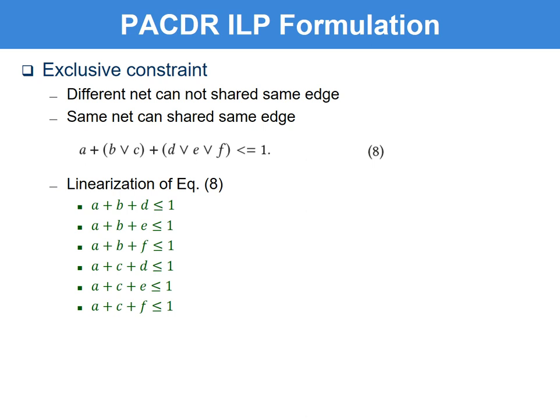In this equation, B and C represent the same routing net, while D, E, and F represent another same routing net. However, to make it easier for the ILP solver to solve efficiently, we divide equation 8 into 6 linear equations. This approach ensures that the ILP solver can solve the problem more effectively.